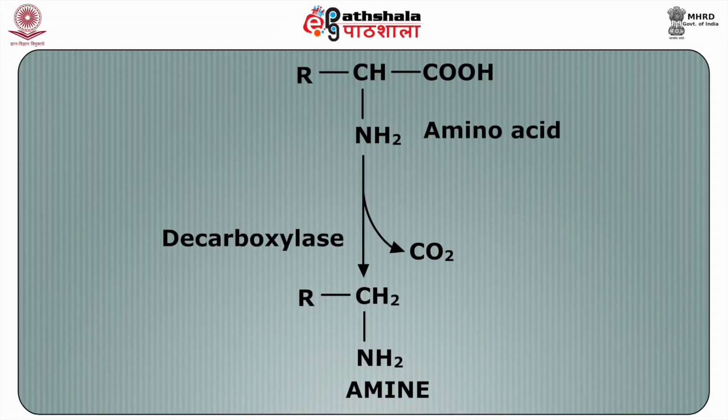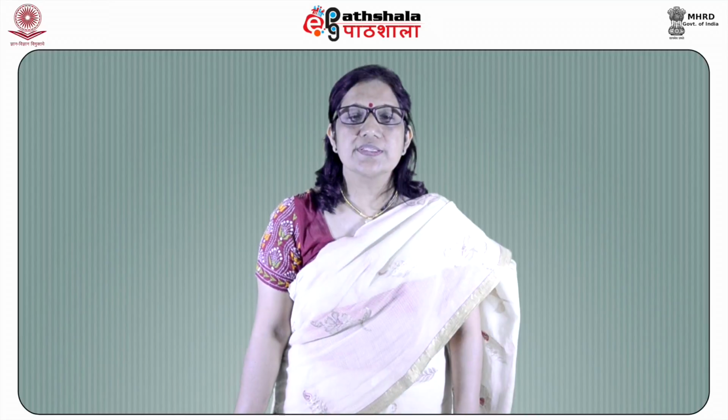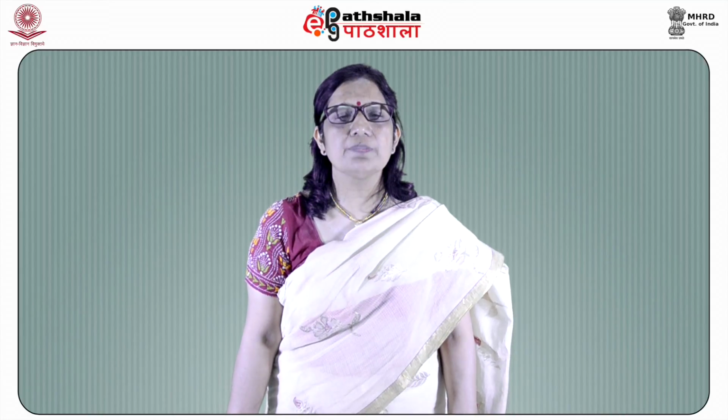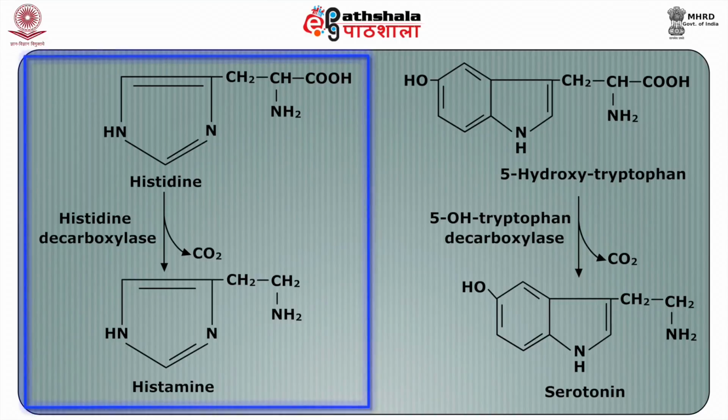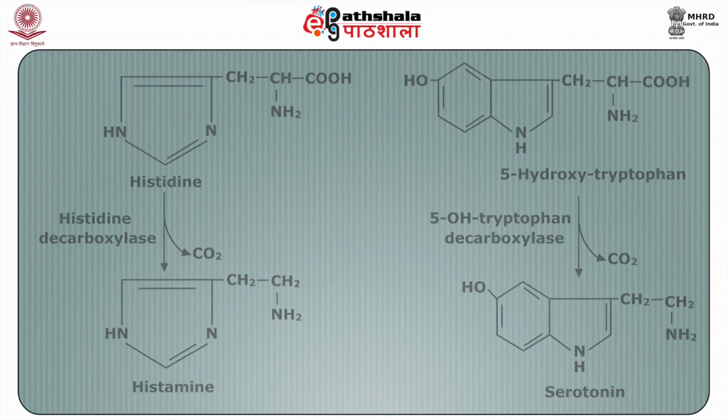In decarboxylation, the COOH is removed as CO2 to form amines, and this reaction is catalyzed by decarboxylase enzyme. Several important amines are produced from amino acids by decarboxylation, for example, histamine is produced from histidine and serotonin is produced from tryptophan.